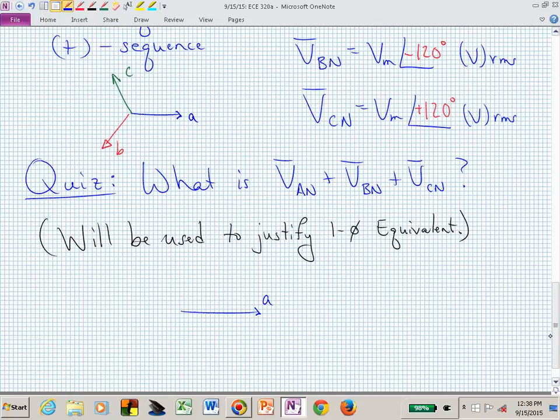Now if we include B, we go at the head of A, we now go down 120. And then we go in the direction of C, and I think that you see that this is equal to 0. Those 3 phasors, when added together, give us an answer that's 0. We get back to where we started by combining those phasors.